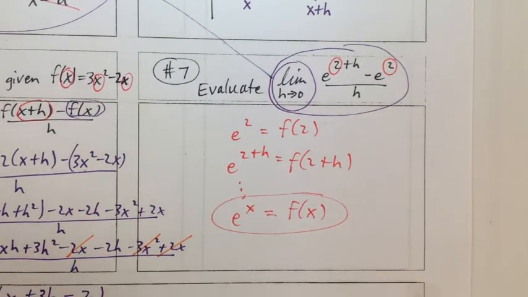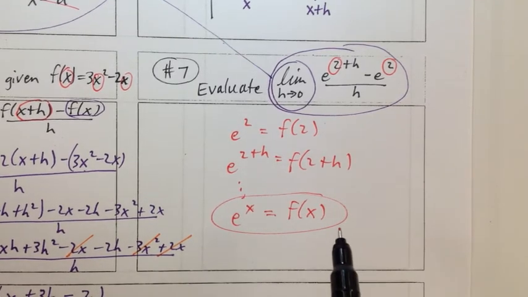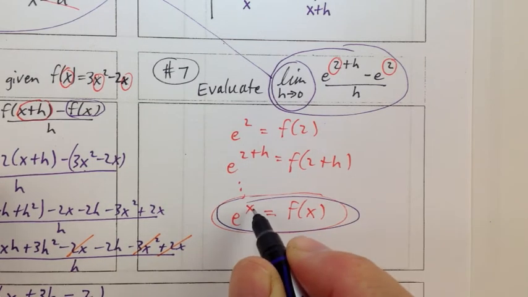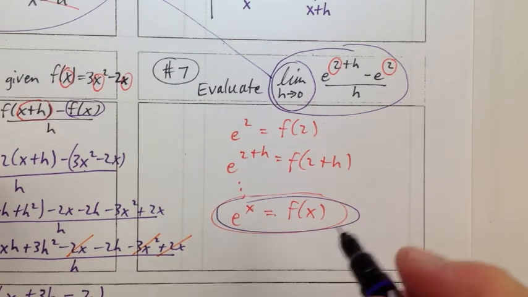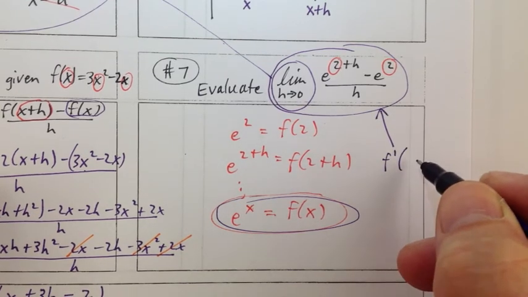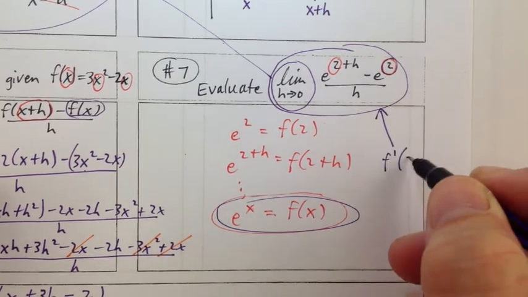This sometimes takes a little while to really understand what's going on, but I urge you to try to dig deep here and see if you can really see it. So we've determined that our f of x is e to the x. What we also should realize is that this guy right here is f prime at 2.